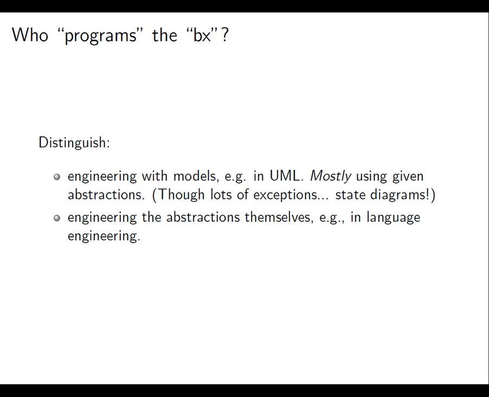Although this does shed some light, I think, on why sometimes state diagrams are particularly difficult to use correctly, and it is because that is the place in ordinary modelling where people have to be able to form their own abstraction. So students will often say, how do I decide how many states there should be in this state diagram? And when you ask exam questions about this, you quite often end up having to give guidelines along the lines of you should expect to find about this many states.